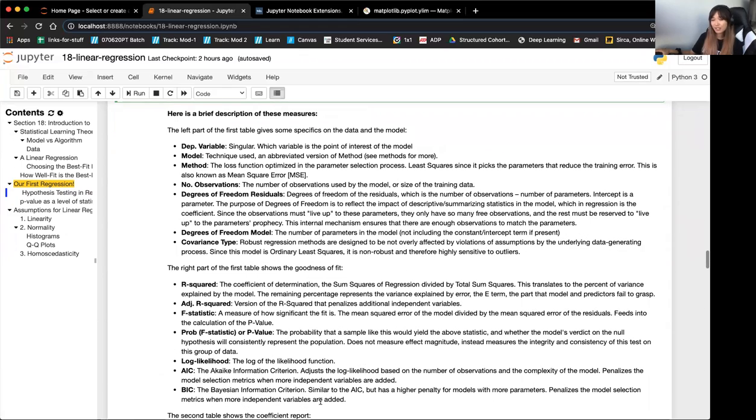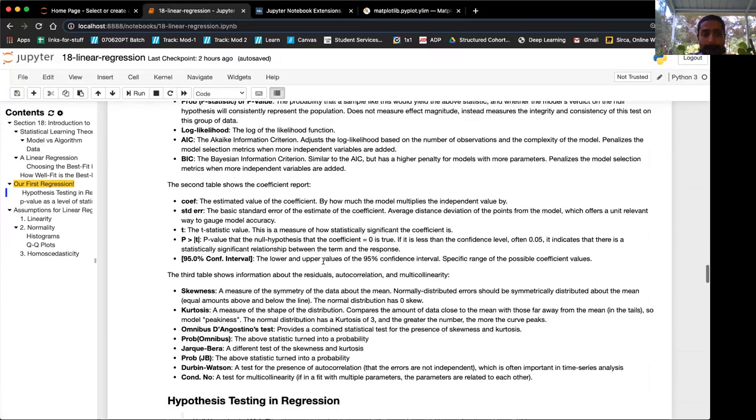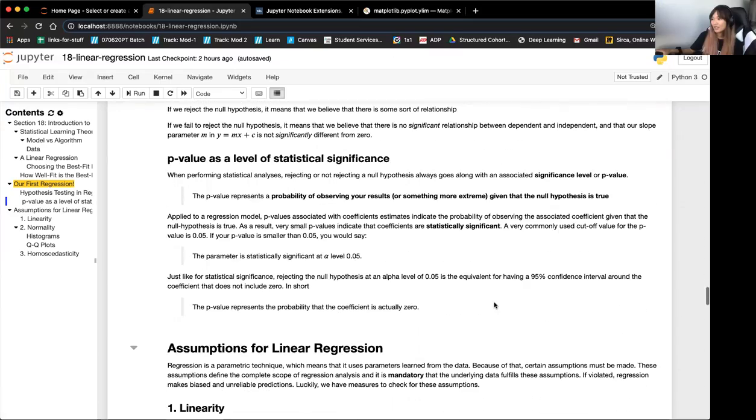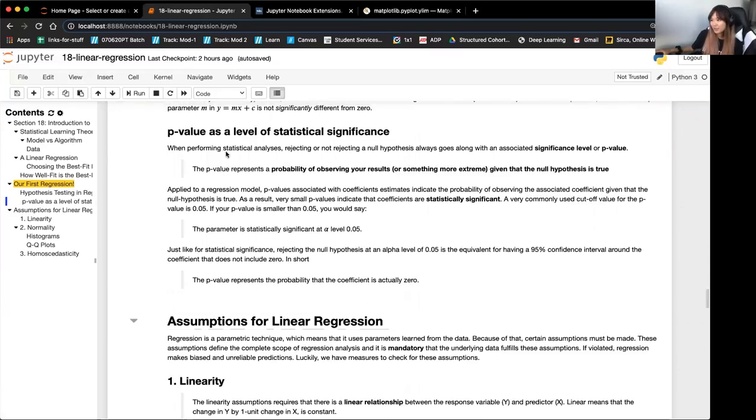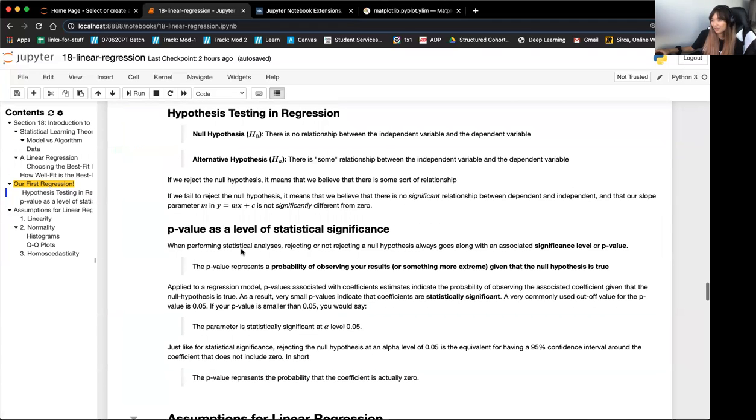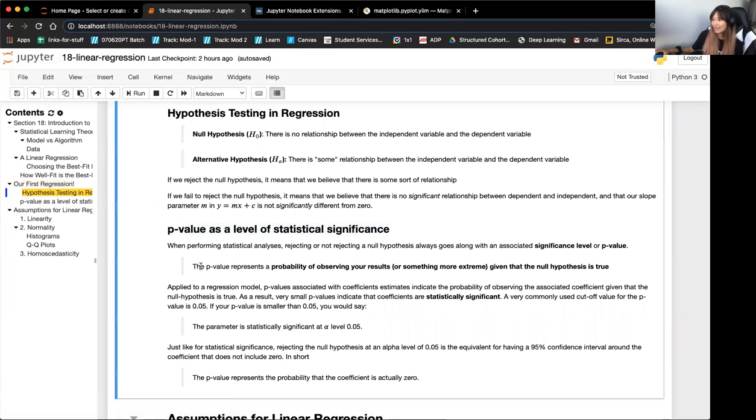So yeah, all of these are here. They're also in the labs. I just put them here just in case anyone refers to this. All right, so I went through this already, but let's talk through it again. The p-value is a level of statistical significance. The p-value represents the probability of observing your results given that the null hypothesis is true.